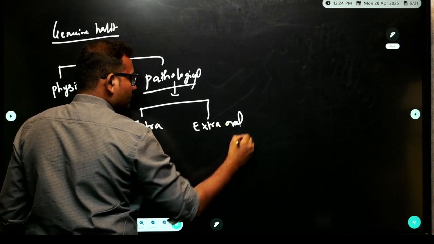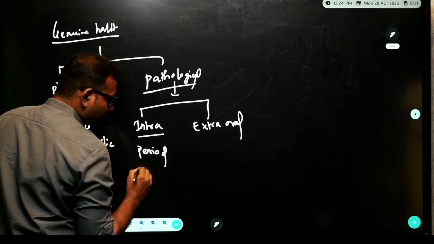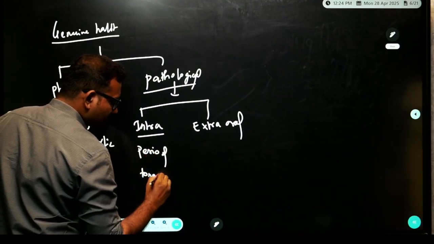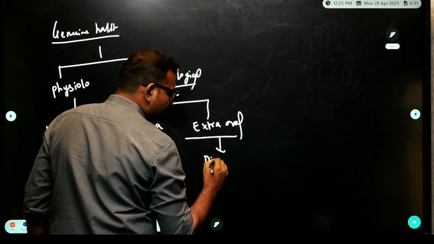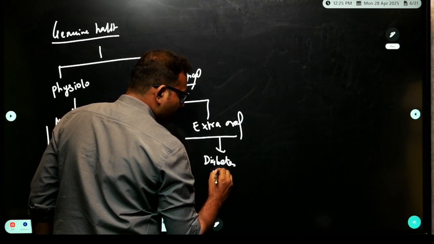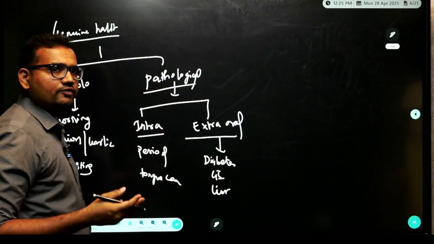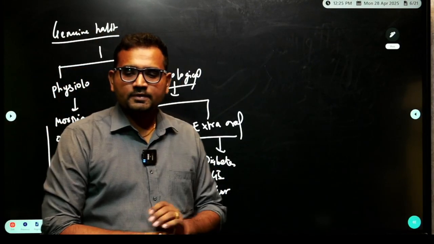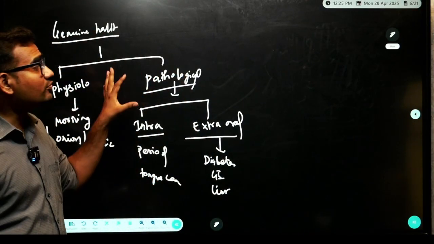Intraoral causes include periodontal diseases and tongue coatings. Extraoral causes are systemic diseases like diabetes, GI problems, liver diseases, or any kind of respiratory infections. So these are a few causes of genuine halitosis.